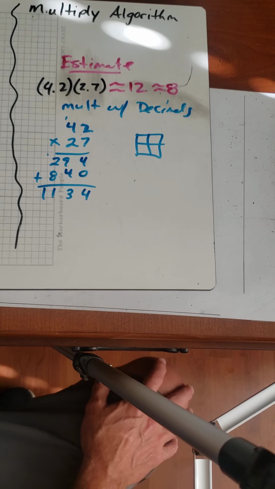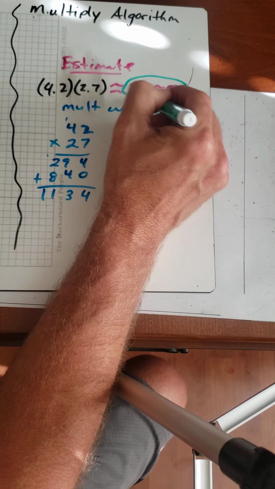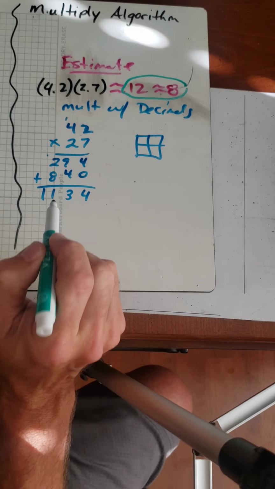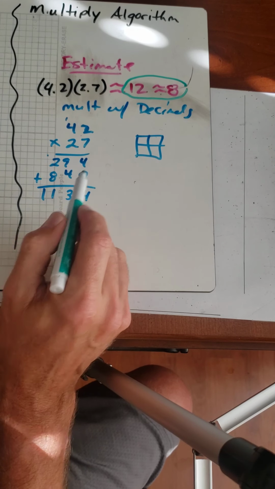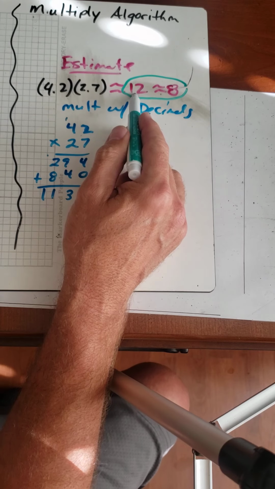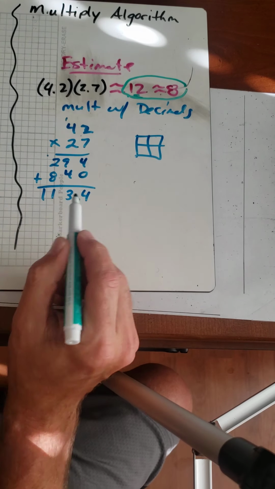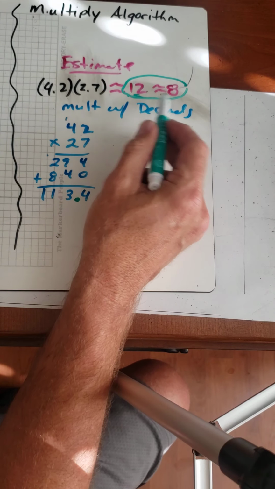But that's clearly not the right answer, because we already know that my answer needs to be super close to these two numbers, 12 and 8. So all I have to do is put my decimal point in whatever spot is going to get me closest to 12, if that was my estimation, or 8. So if I put my decimal point right there, I got 113.4. Is that close to 12 or 8?